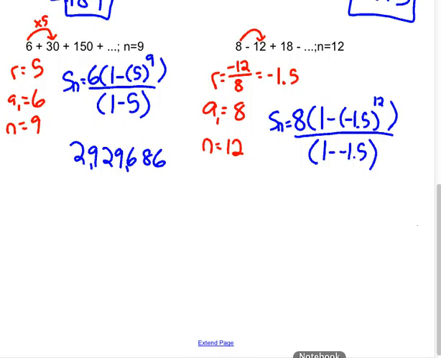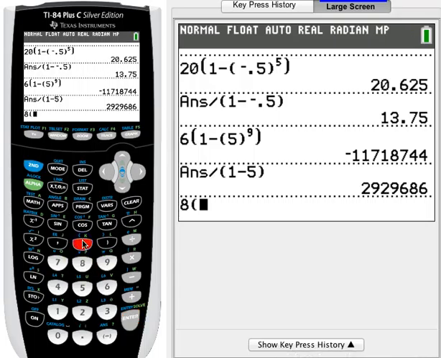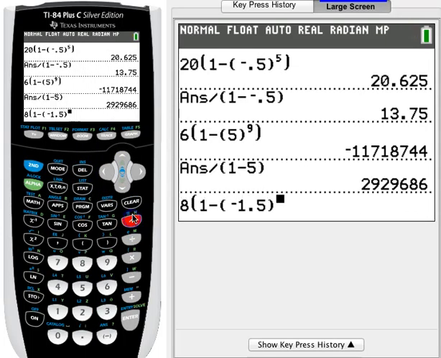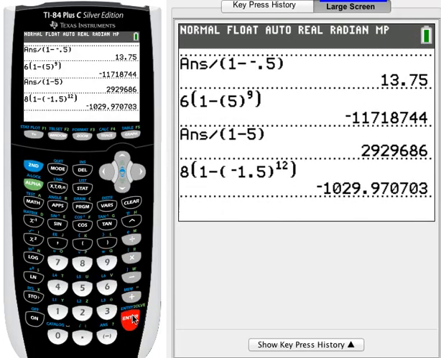So let's very carefully plug this into the calculator now. 8 times 1 minus the rate to the 12th power. So again, just type in everything in the numerator, hit enter. Now, let's divide it by that 1 minus the rate.